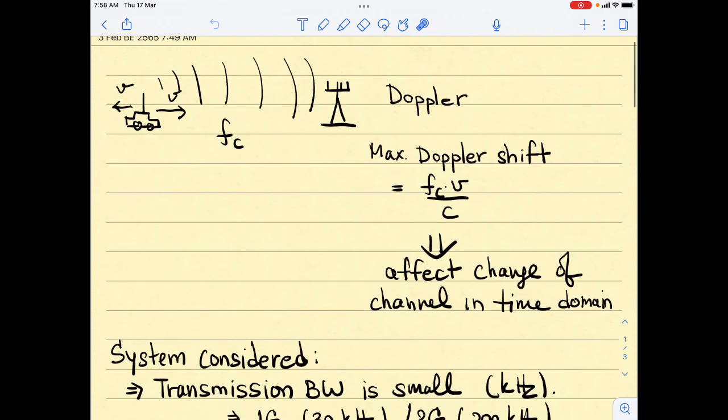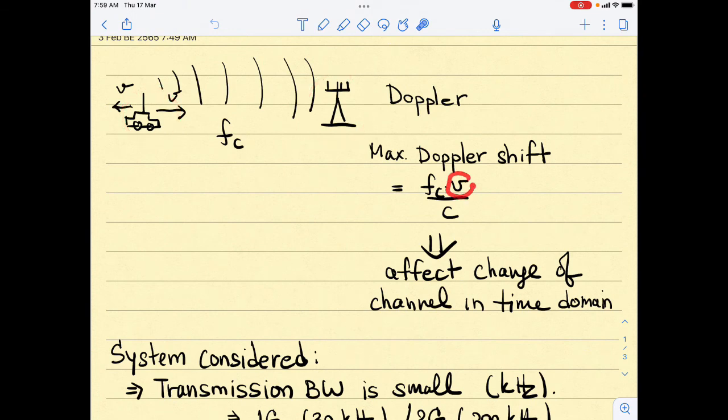Okay, now we can compute and calculate the maximum Doppler shift that occurs in this scenario. Maximum Doppler shift is equal to fc, which is the carrier frequency, multiplied by v, that's the relative velocity. So here only the mobile is moving and the base station stays put.